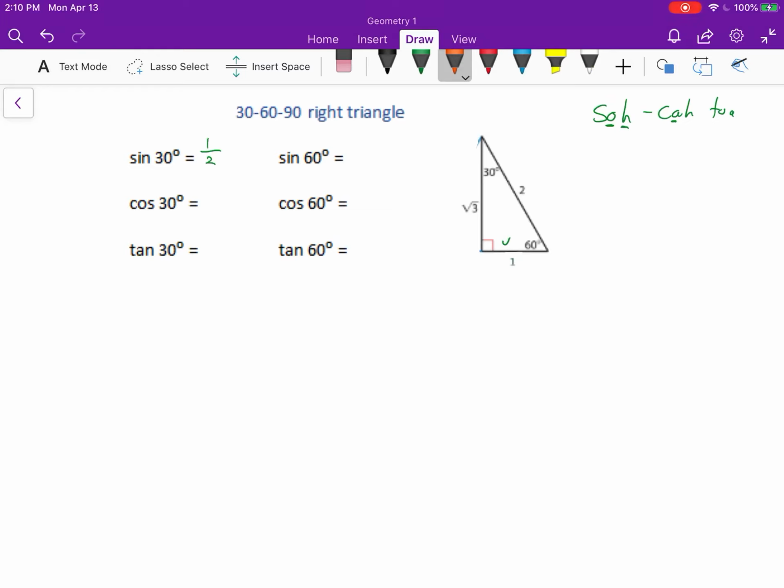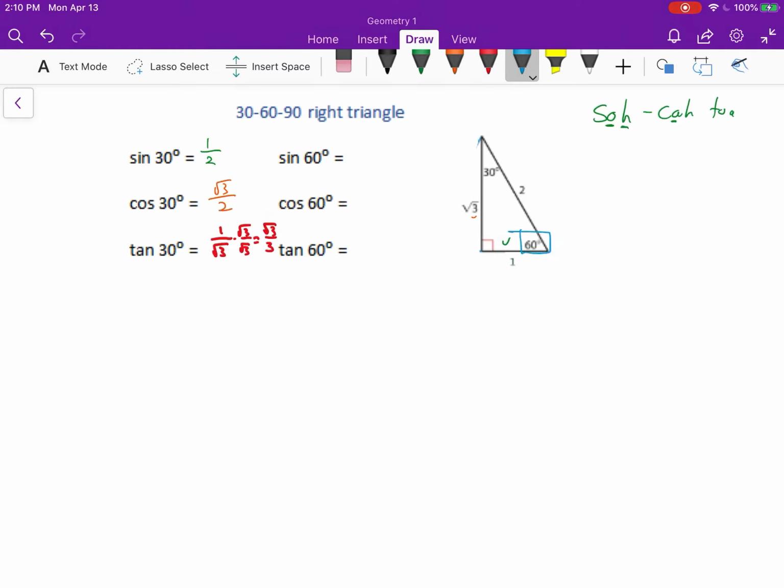Cosine of 30. Adjacent. So root 3, adjacent leg over hypotenuse. And then tangent is opposite 1 over adjacent, which is root 3. And again, you're not supposed to leave it like that, so multiply by root 3 over root 3, which ends up giving root 3 over 3.